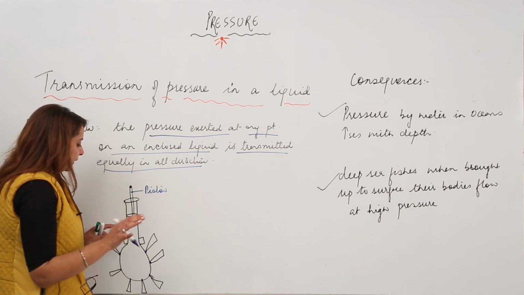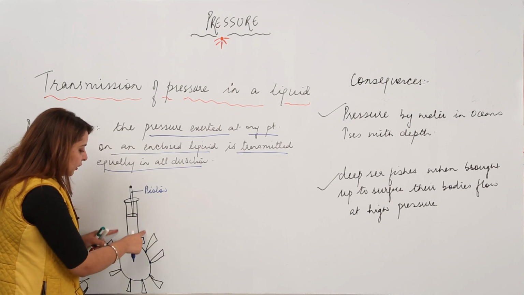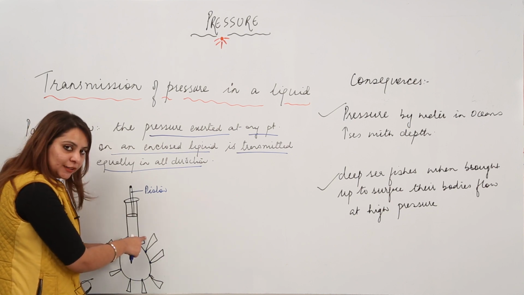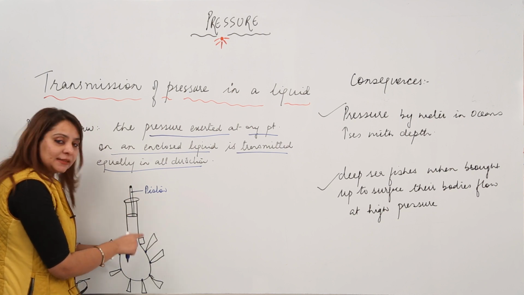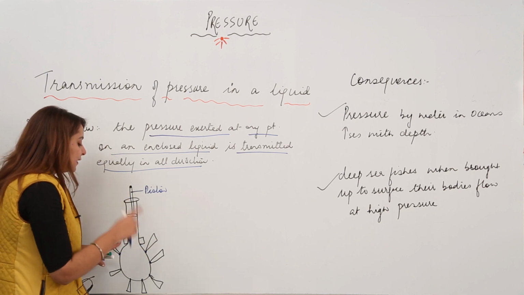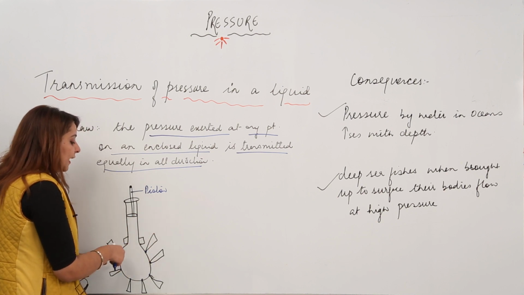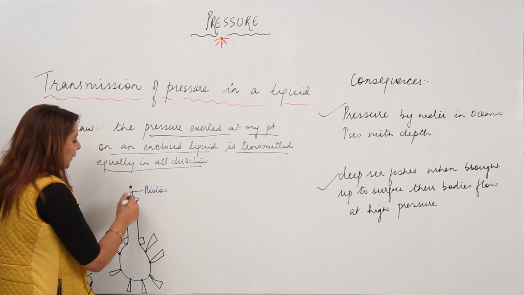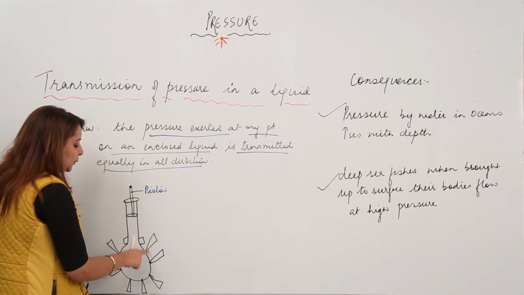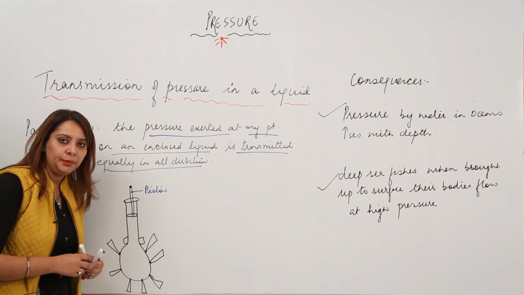So again, this is what we want to prove: when we apply pressure by a piston on a liquid which is enclosed in a vessel, the liquid escapes from the holes with the same pressure. This means the pressure which we apply is transmitted equally in all directions. That is why the liquid oozing from the holes is moving with the same pressure.